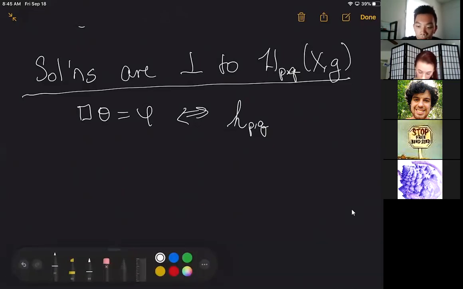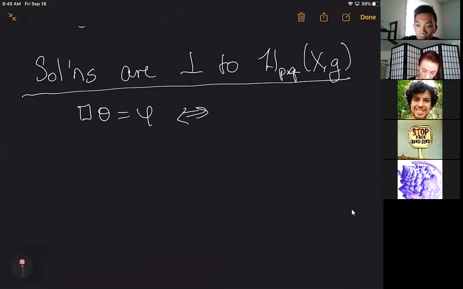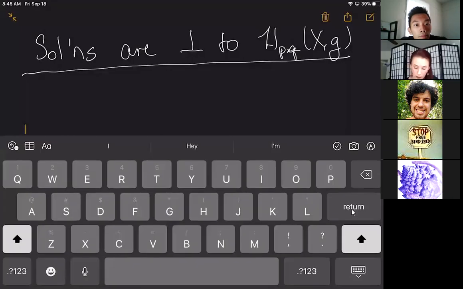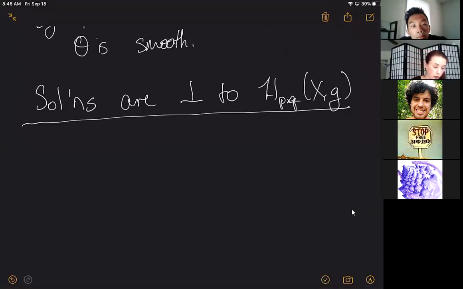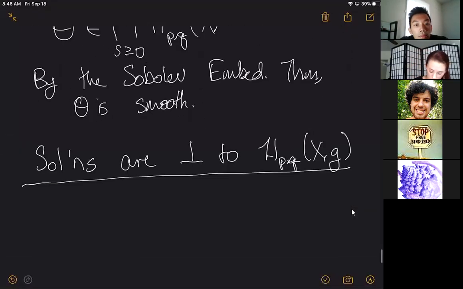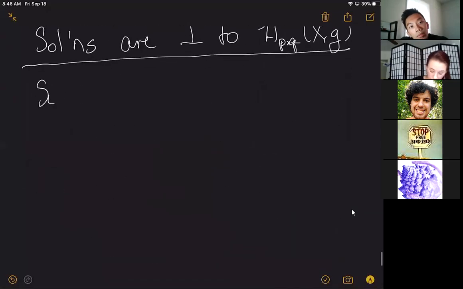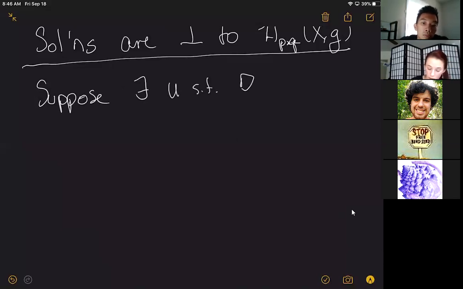We're showing that the solutions to this box theta is equal to phi equations are perpendicular to the harmonic space. So the way that we do that is we suppose there exists a solution U such that box U is equal to phi.